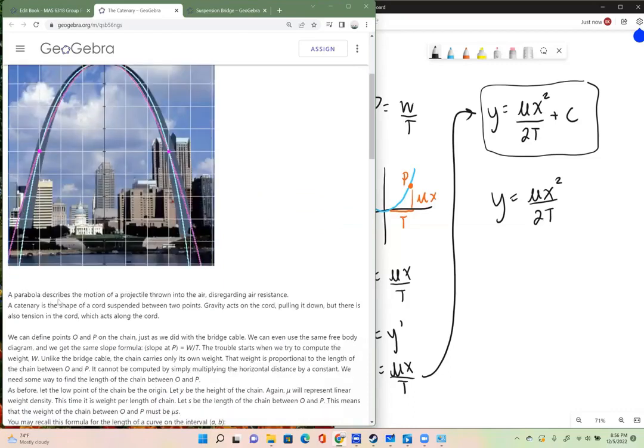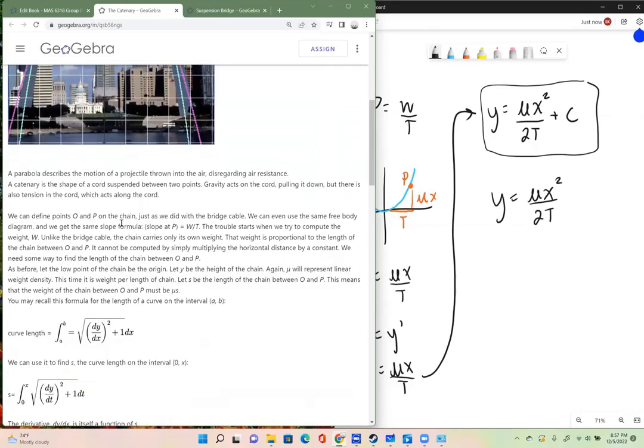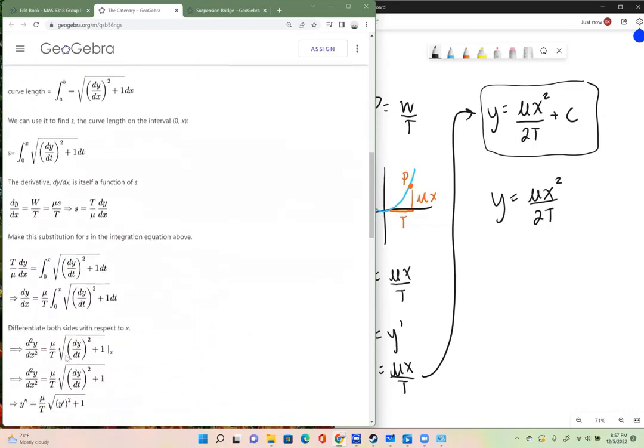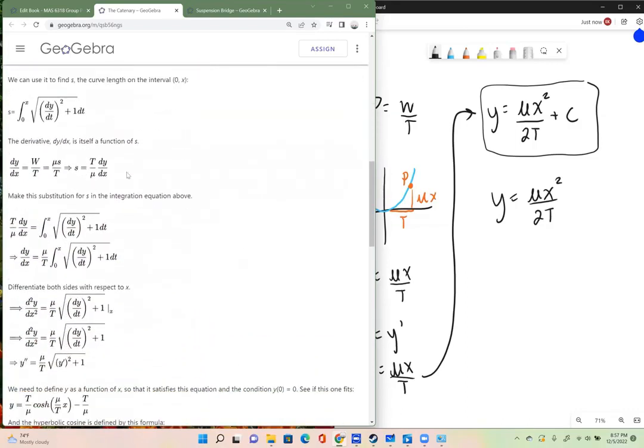Here it says a parabola describes the motion of a projectile thrown into the air, disregarding air resistance. So it's more of a smooth U, whereas a catenary has a little bit more weight, especially in the middle. And here it shows how to derive the equation of a catenary involving some calculus and differential equations.